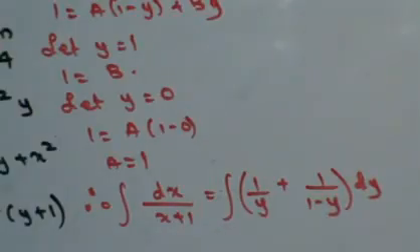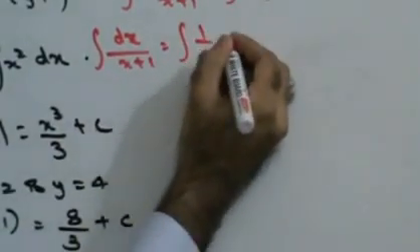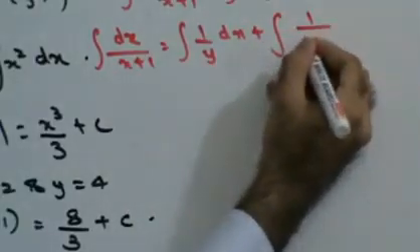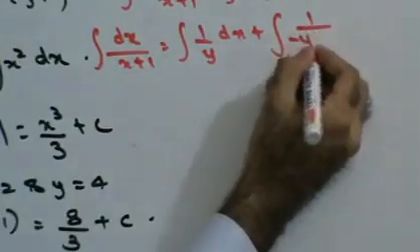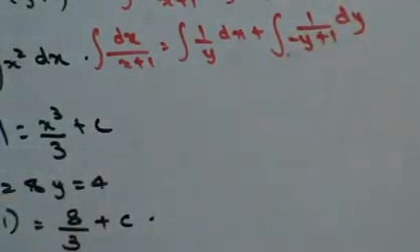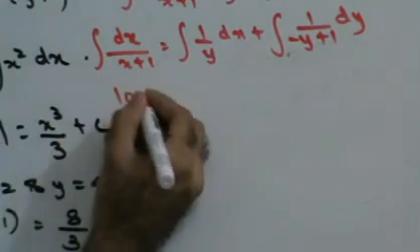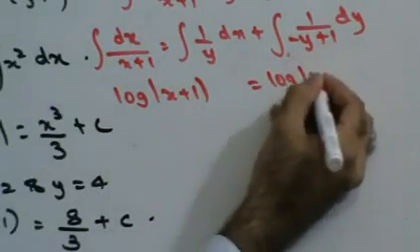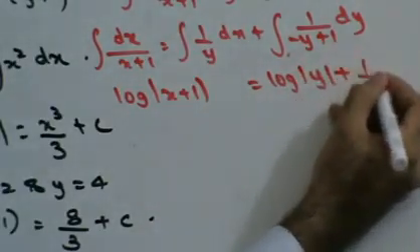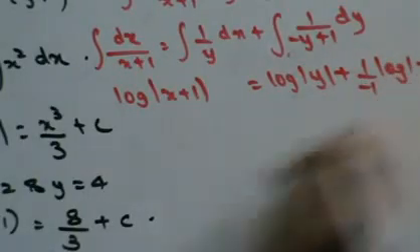Partial fractions are done. Now split the integral. I will get therefore integral of dx upon (x + 1) is integral of 1 upon y dy plus integral of 1 upon (-y + 1) dy. Integral of 1 upon (x + 1) dx is log mod (x + 1) is equal to log mod y plus 1 upon minus 1 log mod (-y + 1).